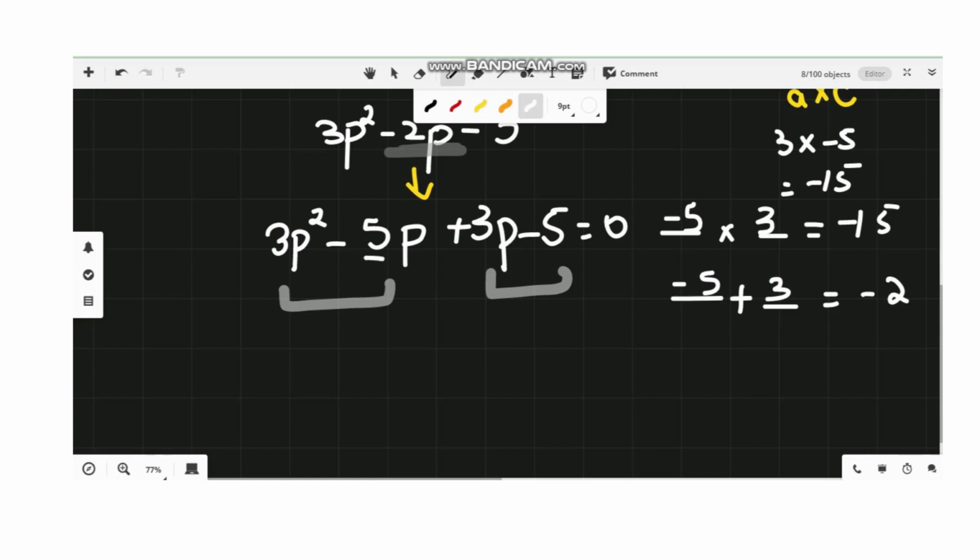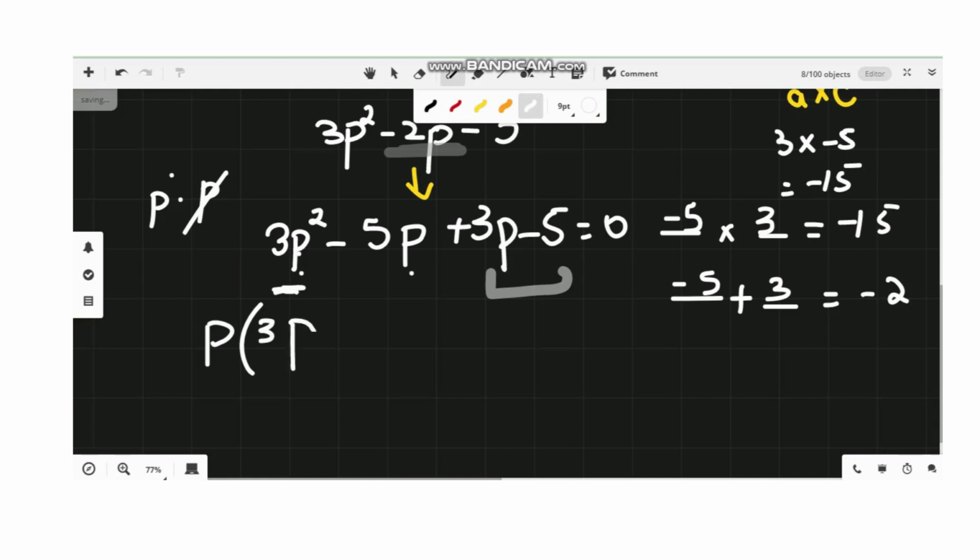So p is common and I take out 1p. From p square, which is p times p, taking out 1p leaves 1p. So you write 3 as it is and p here, minus 5, bracket close, and plus.